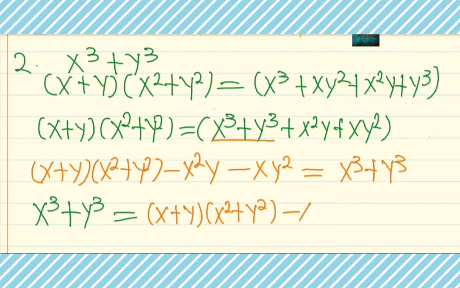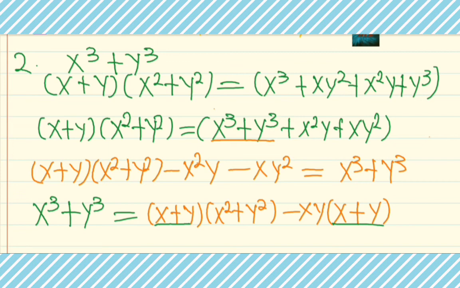So we factor the minus xy out. So what we have left is x plus y, it has to be a positive sign because of the negative sign outside the bracket. We now have minus xy (x plus y). We see here we have x plus y, x plus y. So we have x plus y as a common factor here.